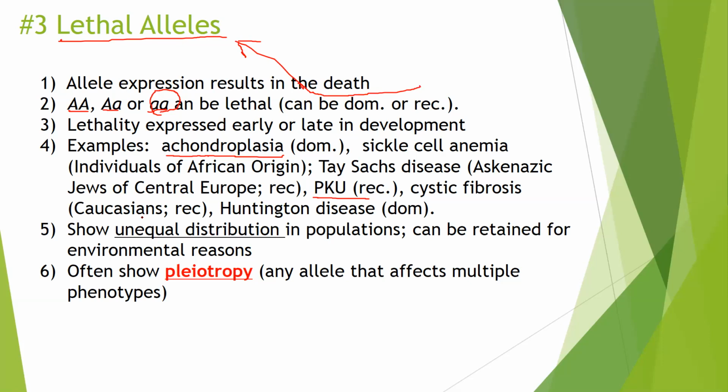Usually, if we look at the population, or if we look at a Punnett square, the proportions of the progeny from the cross, or in the population, if some phenotypes showed unequal distribution in the population, this will give you a strong indication that this phenotype is associated with some lethal alleles for a gene, all right?